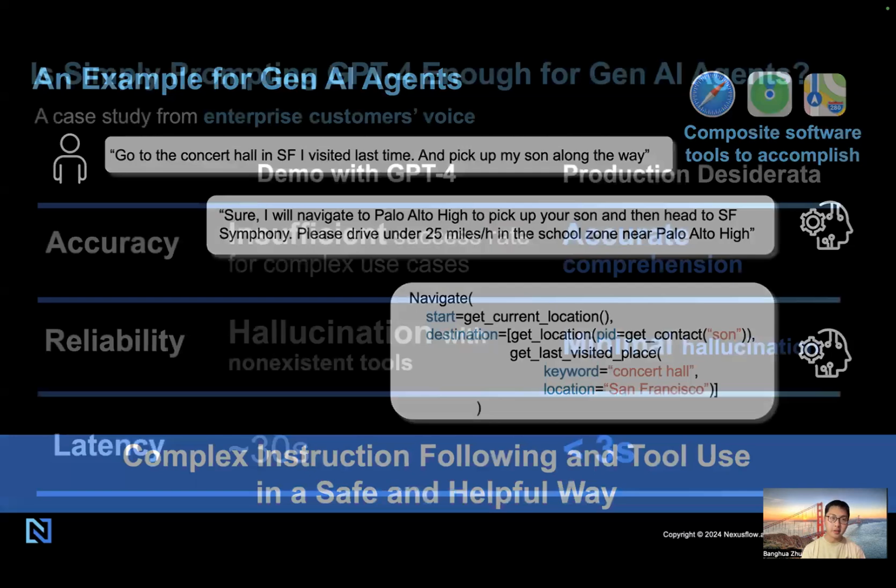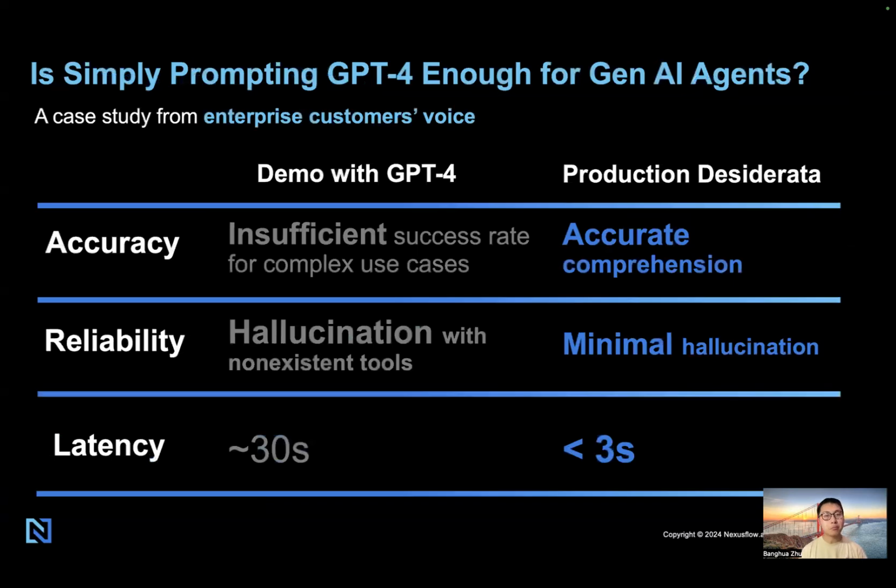So one simple question is, would simply prompting GPT-4 be enough for these GenAI agents? We have some case studies from our own enterprise customers, where people found that the demo with GPT-4 is really insufficient in accuracy, where the success rate is lower than the production desired, especially for complex use cases.